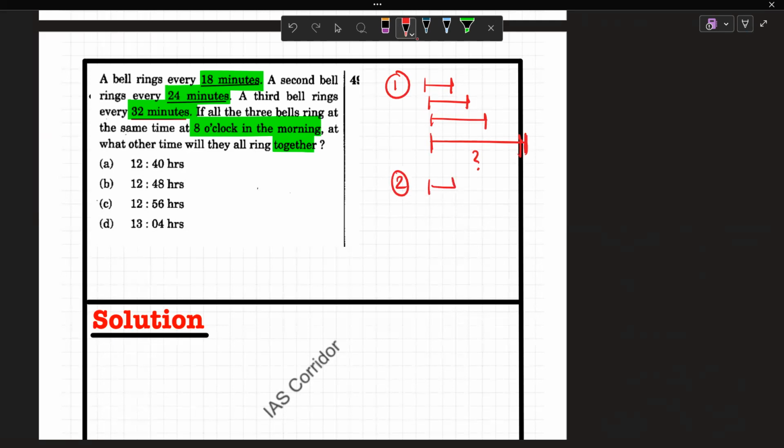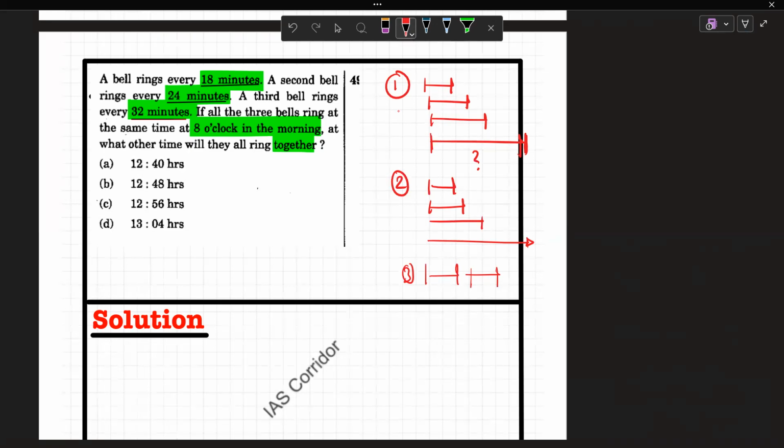Second question, a group meets after 2 days, 3 days, 4 days, 5 days, 6 days. After how many times will they meet together? A bell rings after certain seconds or certain minutes. Another bell rings after certain minutes. If they meet at the same time at 8 o'clock, after what time will they ring together?